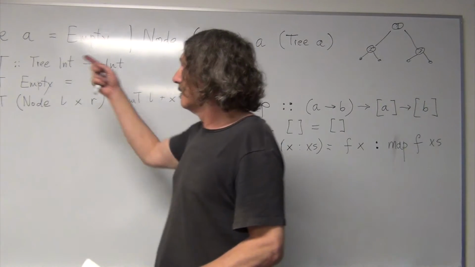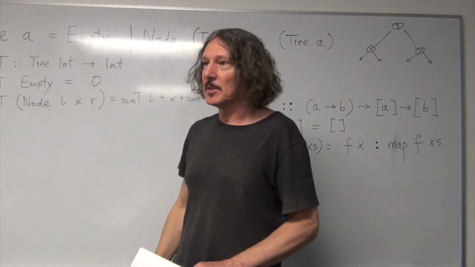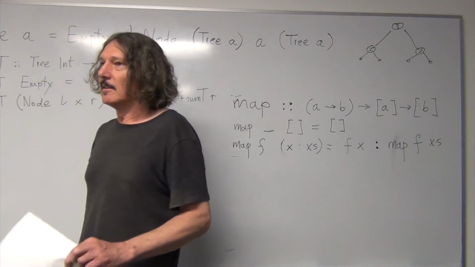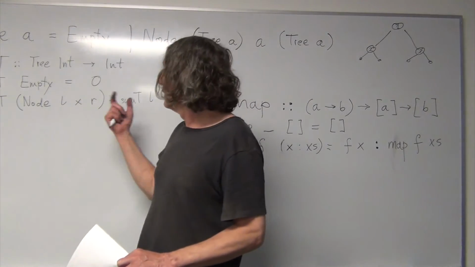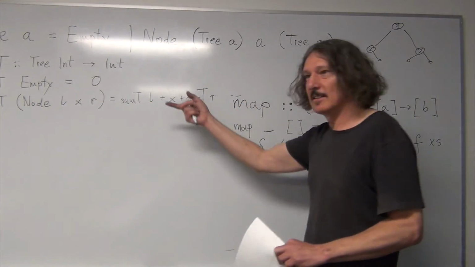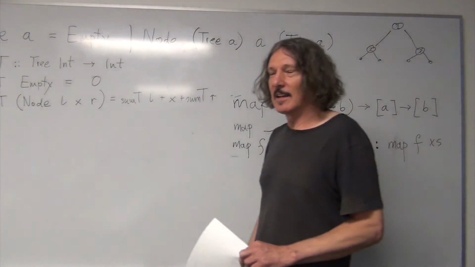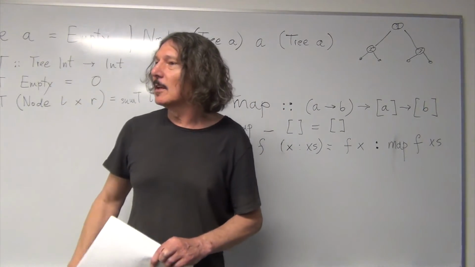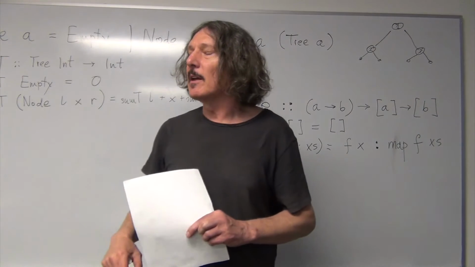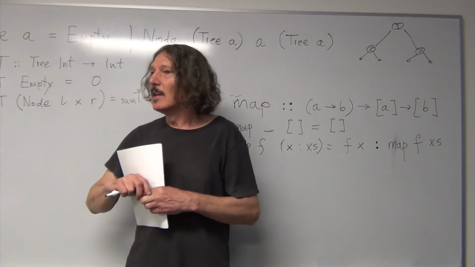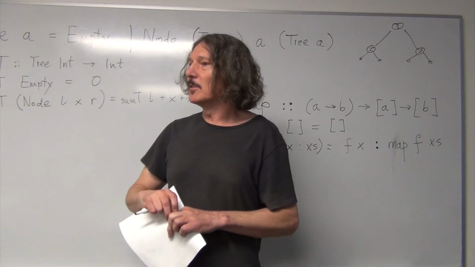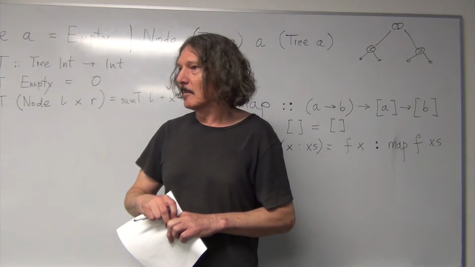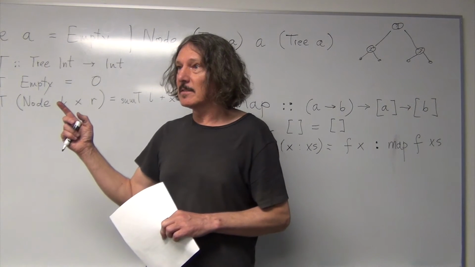In general, I would say this tree is foldable, because I can fold it, and I could write the fold function for it. And actually, the easier way of understanding foldable is that it can always be converted to a list. Can we convert a tree to a list?